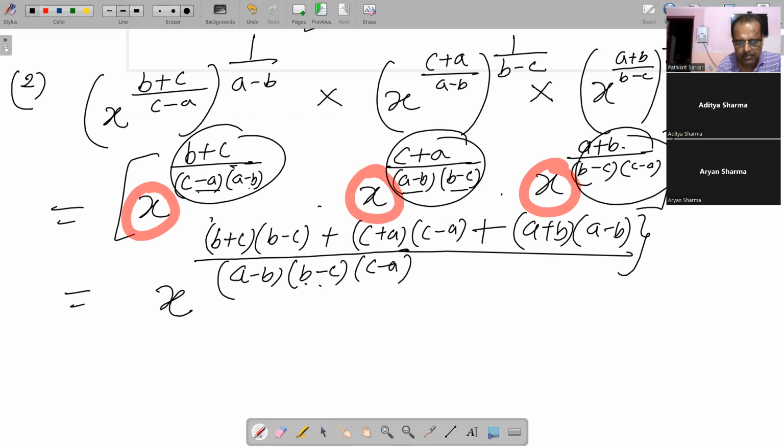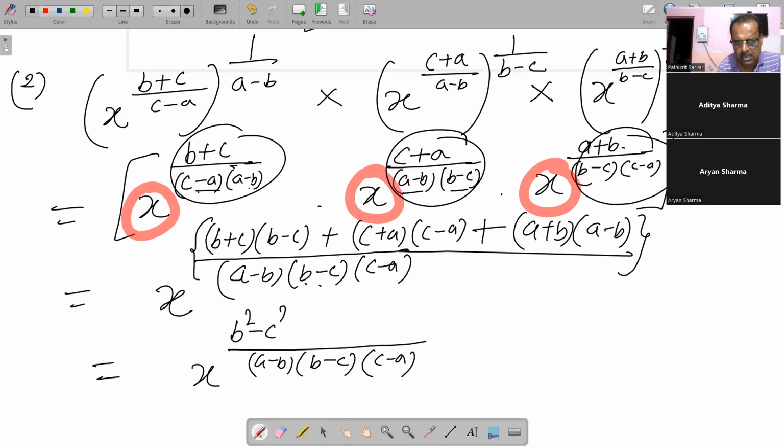सो दिस विल कम। So ultimately what will happen over here, so here we can write down a minus b into b minus c into c minus a. So it comes down to b square minus c square plus here it is c square minus a square plus here it is a square minus b square.